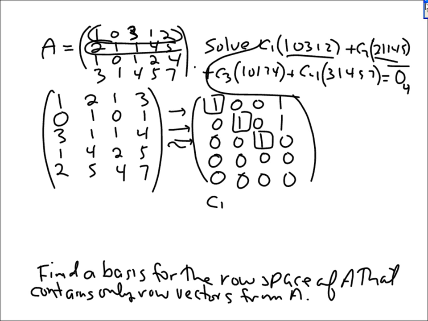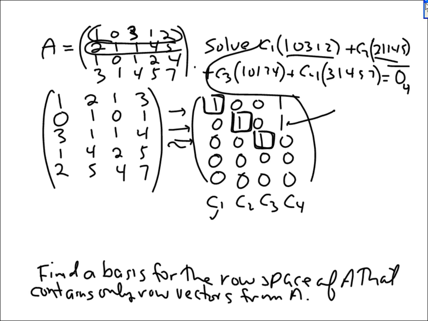Now you look up and down. You look up column 1, and you say, yep, it has a leading 1. Column 2, yep, it has a leading 1. Column 3, yep, it has a leading 1. Column 4 does not have a leading 1. You may say, of course it does, there it is. No, it isn't. The leading 1 comes from rows.